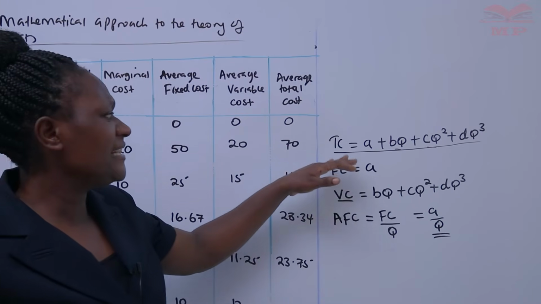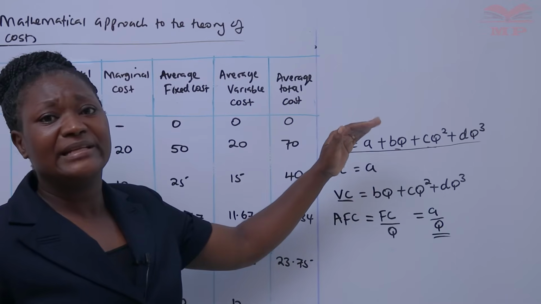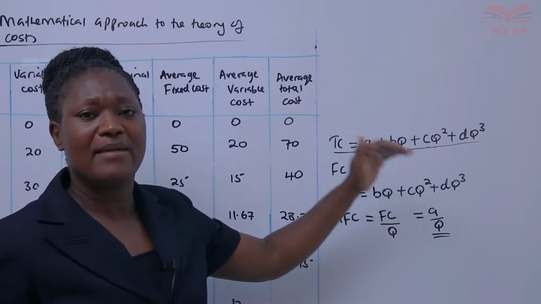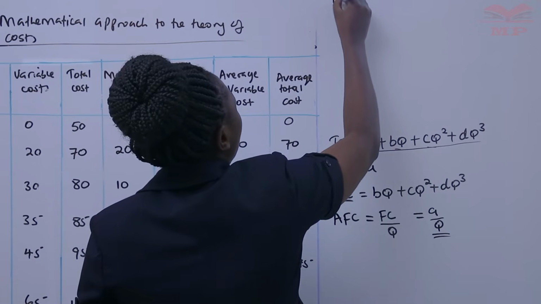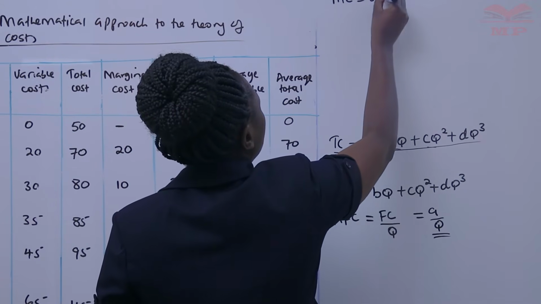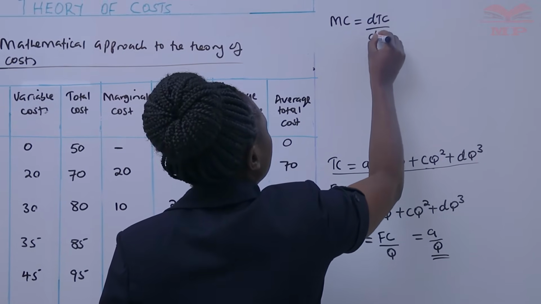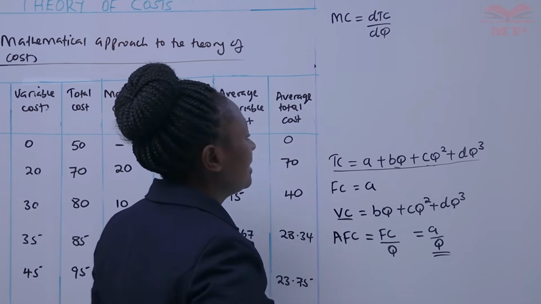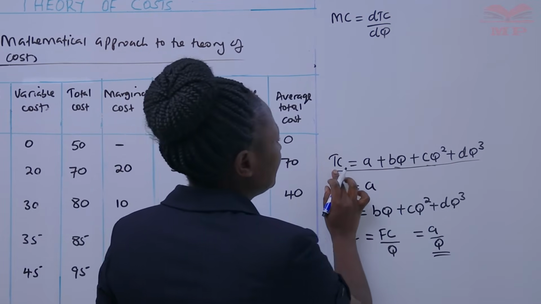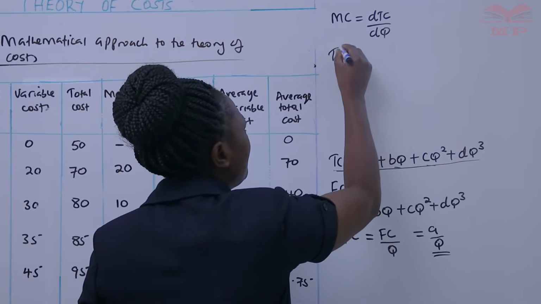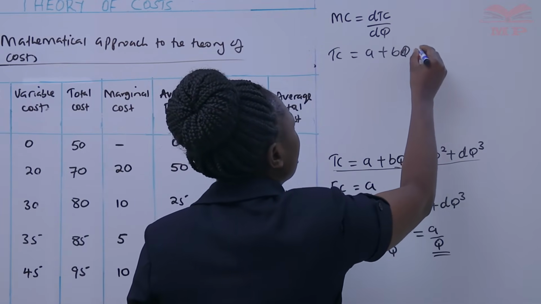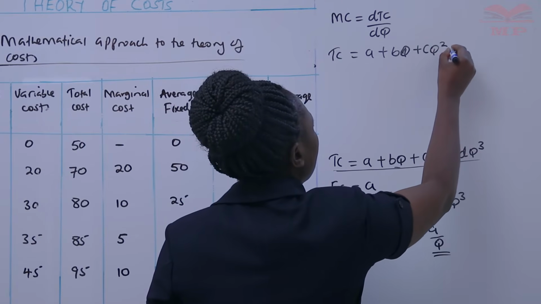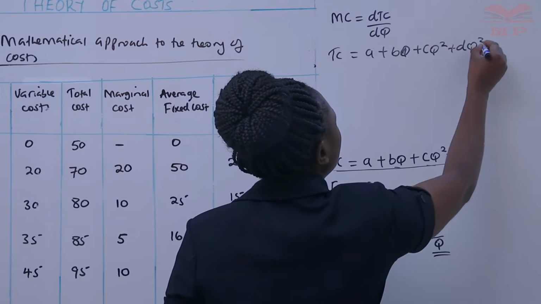Differentiating the total cost function will give you the marginal cost function. So we say that marginal cost will be change in TC over change in Q. So if our TC equals A plus BQ plus CQ squared plus DQ cubed.